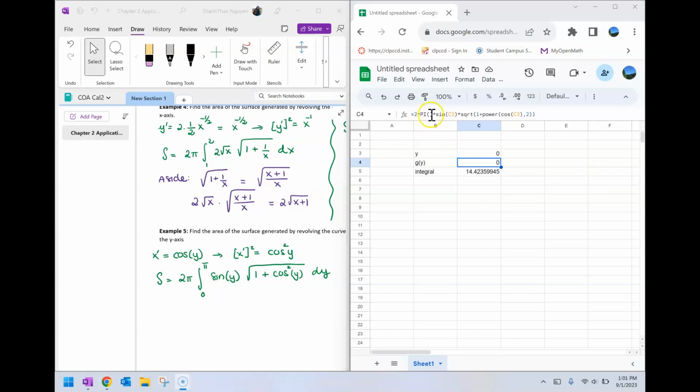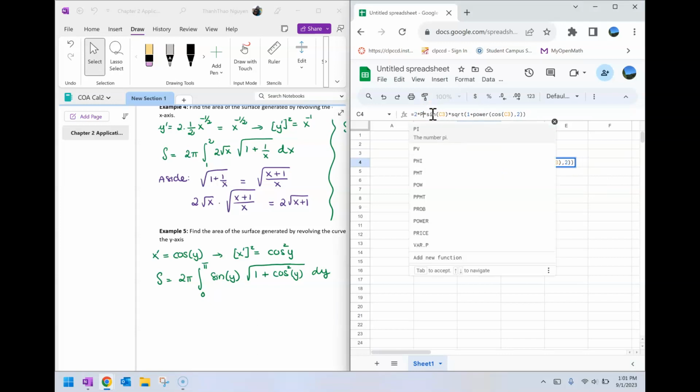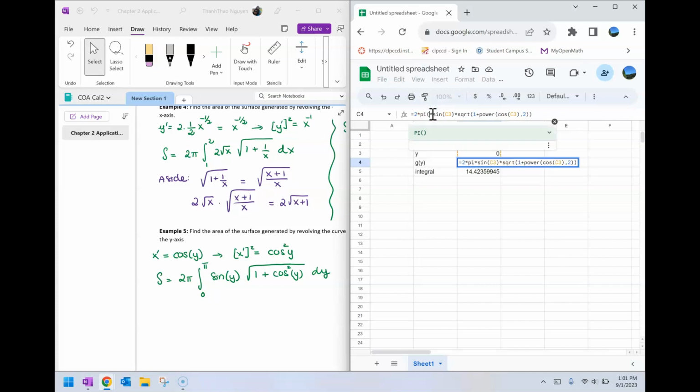Here we have 2 times pi, so the way we put in pi is we type pi, and it will come up with the function. Close. Okay. And then when you add in the pi in the next line, you do the integral from 0 to pi. And we get the surface area of this as 14.42.